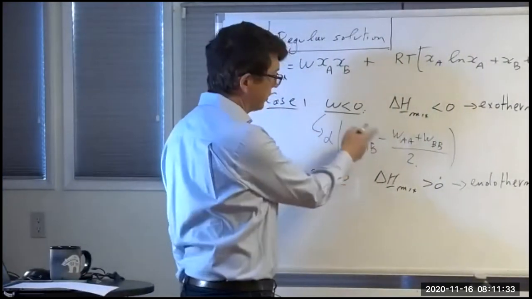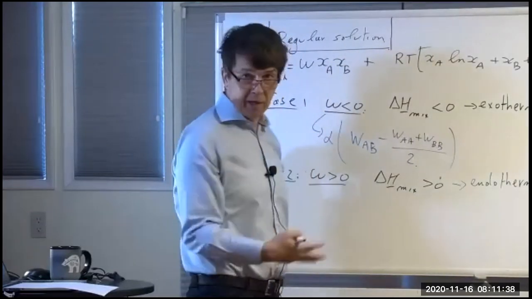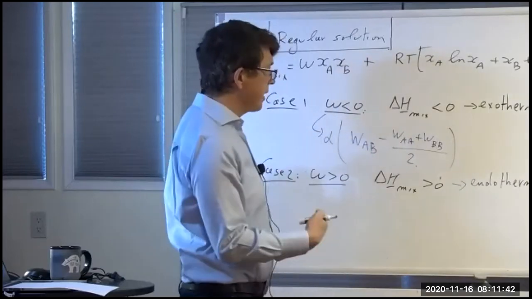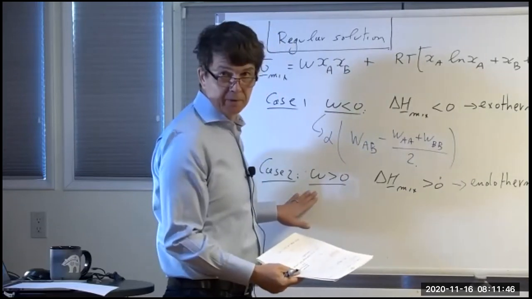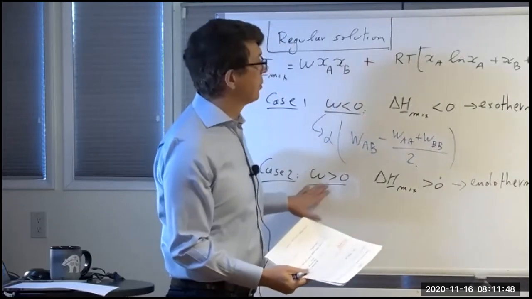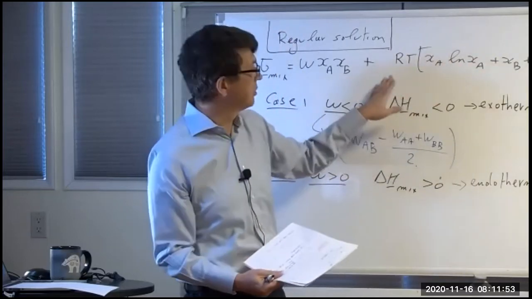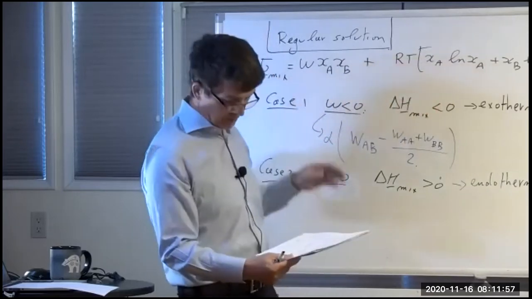If omega is positive, then the AB bond is higher energy, and so you actually have to add energy to create the mixture, okay? And so you may think that in principle, this would never happen, omega positive, because the thing wouldn't mix. But remember that you always have the entropy term, which always favors mixing, right? Because this term is always a negative contribution to the free energy of mixing.